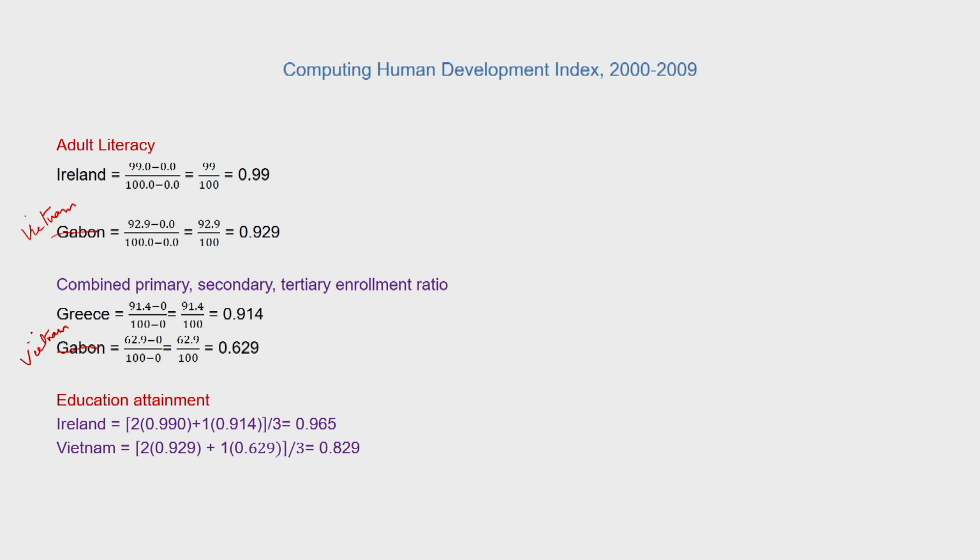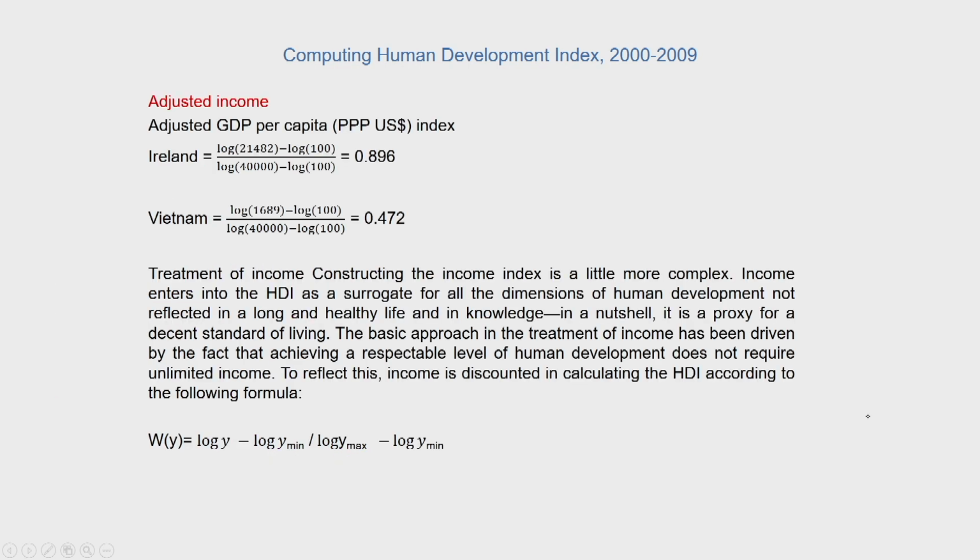Similarly, combined primary, secondary, tertiary enrollment ratio, and the education attainment is calculated by giving 2/3 weight to the adult literacy rate and 1/3 weight to combined primary, secondary, tertiary enrollment ratio, and this is the education index. These are the two education indices. Similarly, the adjusted income index is calculated by the same formula.